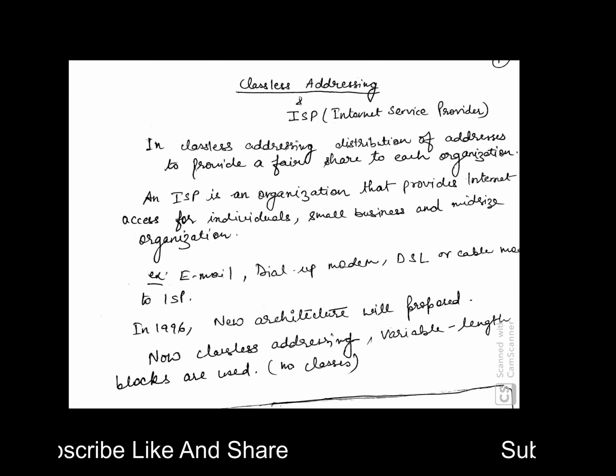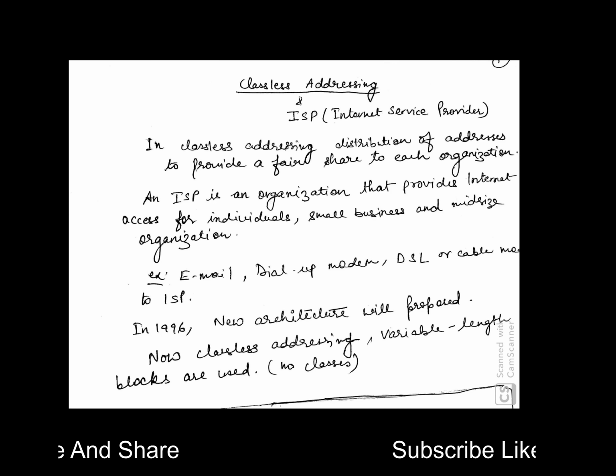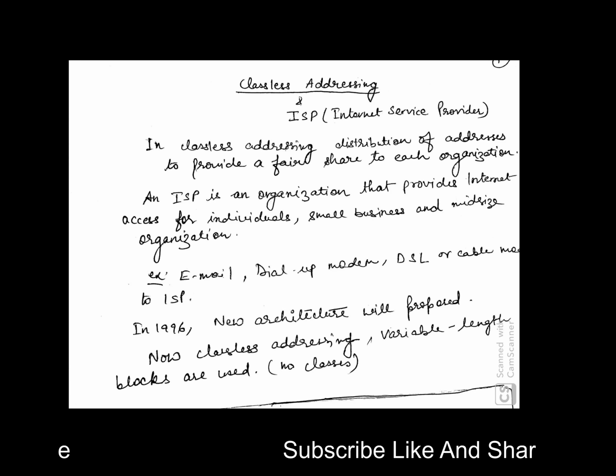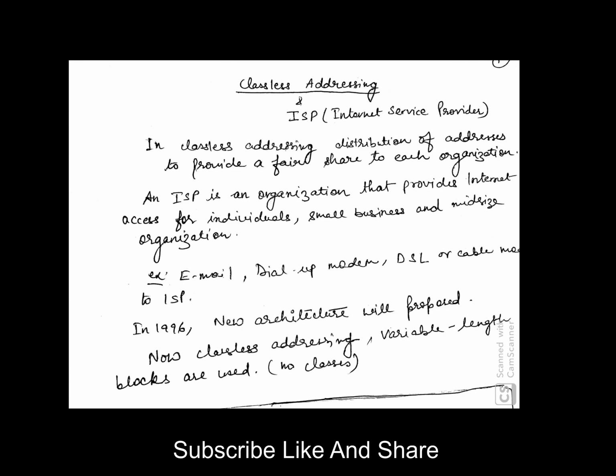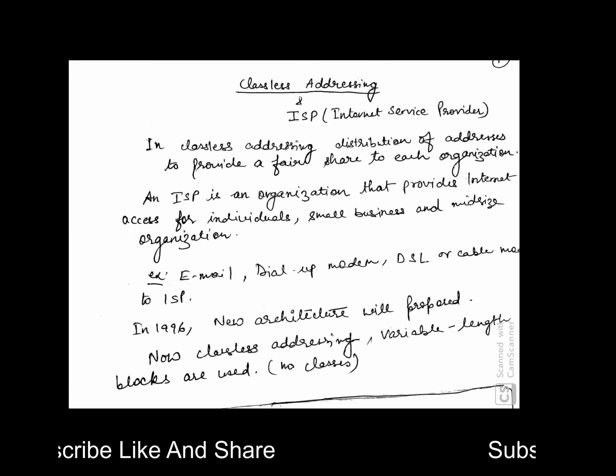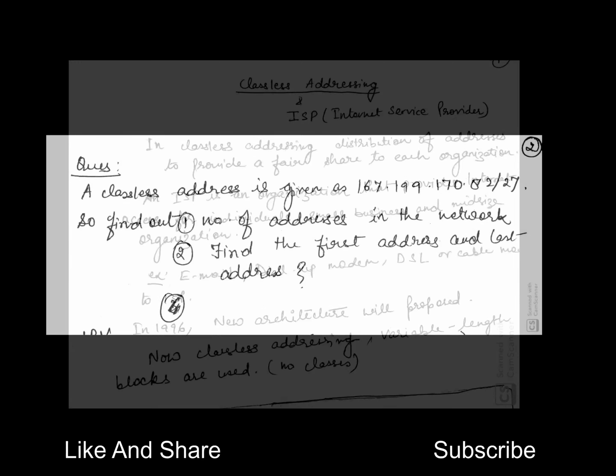Suppose you are working for an organization, that organization may build its own domain and further classify it into different chunks of subdomains and sub-departments, just like dial-up modem, DSL and cable modem to the ISP.